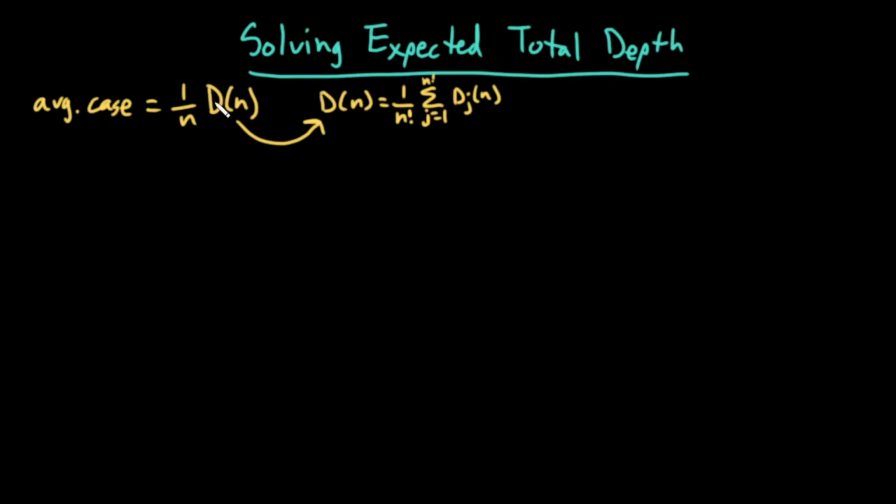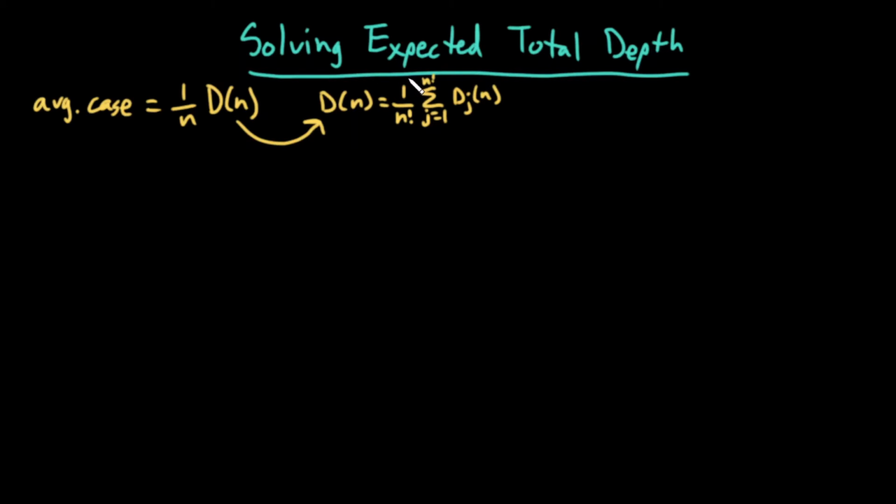So the expected total depth of a binary search tree with n nodes. If I could find this out, I would have my answer. So the expected total depth of a binary search tree with n nodes, well, using assumption 2, I figured out that I'm assuming all insertion orders are equally likely.